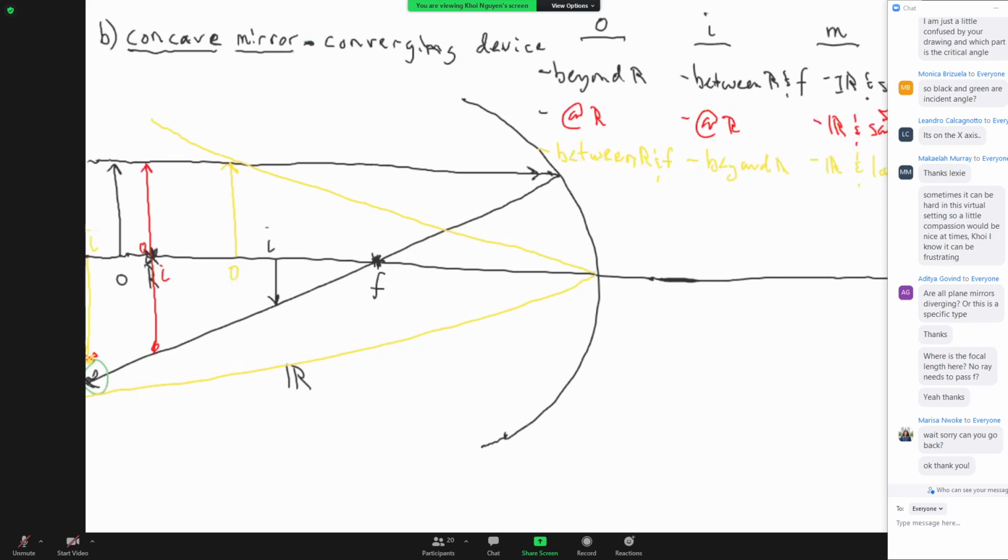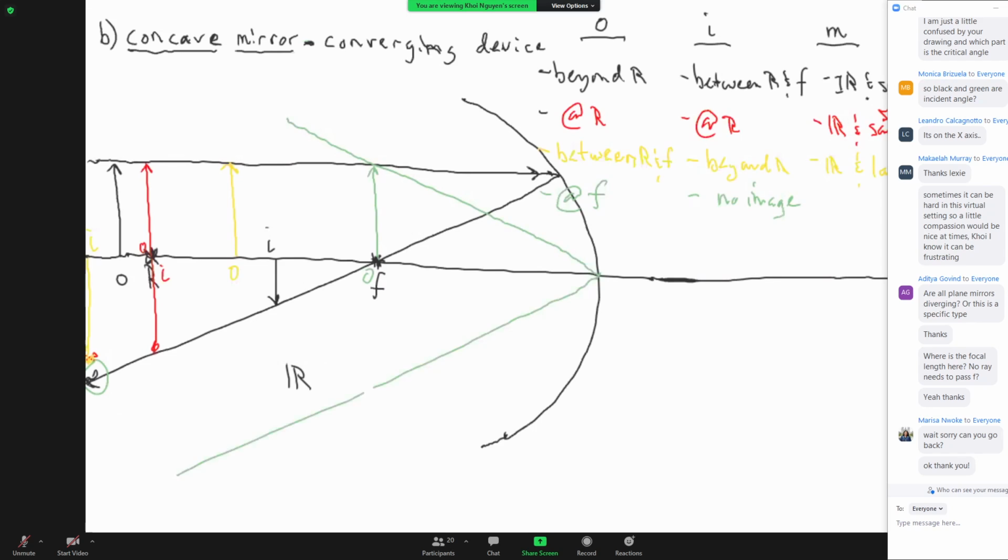Now, if our object is here at the focal point or focal length, when our object is at the focal point, we have no image. The reason being, we draw our rays here. These two rays are going to be completely parallel with each other.